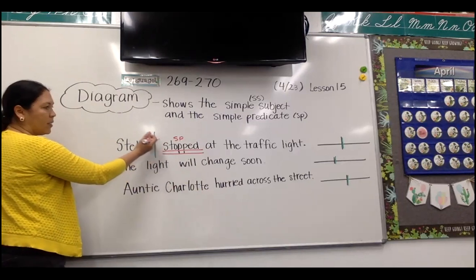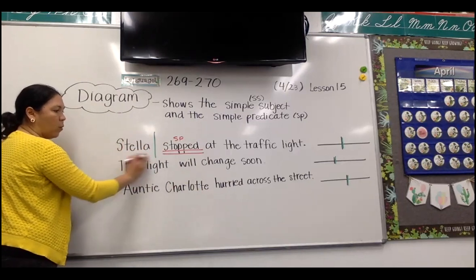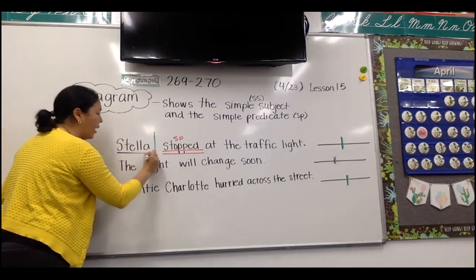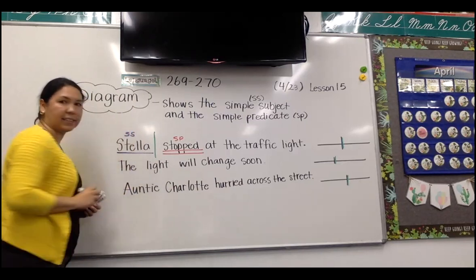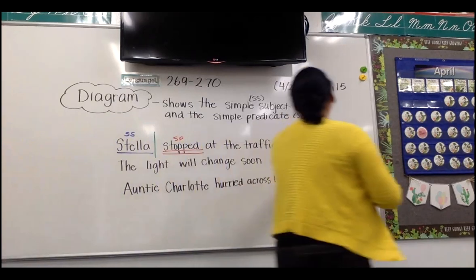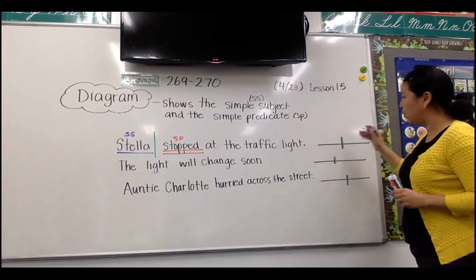Now, look at what's in front of the green line. Sometimes there's going to be more than one word. Right now, there's only one word. So Stella has to be my simple subject. She has to be what my sentence is about. So what I'm going to do is over here, I am going to write my simple subject and my simple predicate.